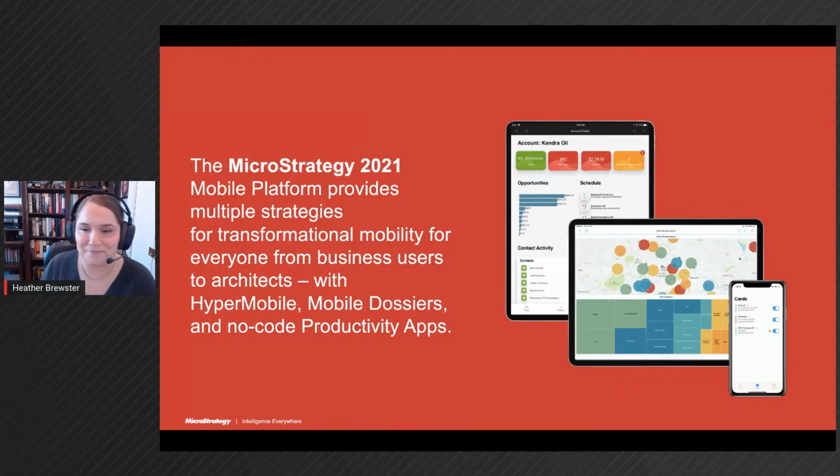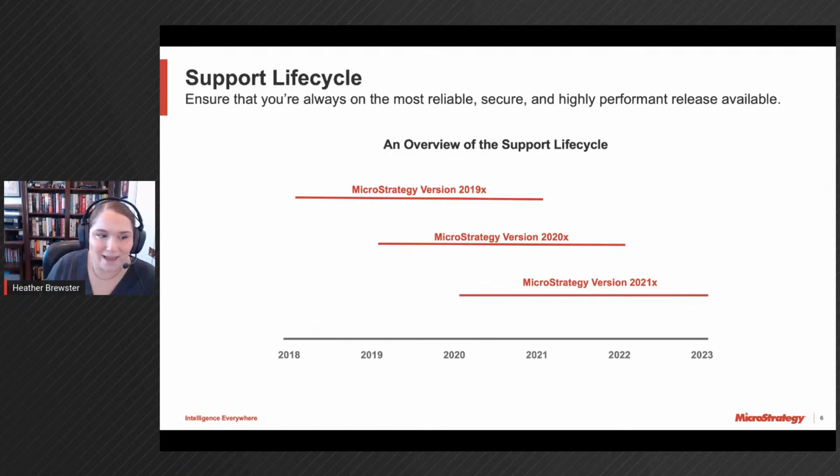Also, as this is our last webinar of the year, I want to mention that our end of support for MicroStrategy 2019 is coming up, and Library Mobile SDK also follows that same platform support lifecycle. So it's important to begin planning your upgrade to MicroStrategy 2021 and to also begin utilizing the latest version of MicroStrategy Library Mobile SDK.